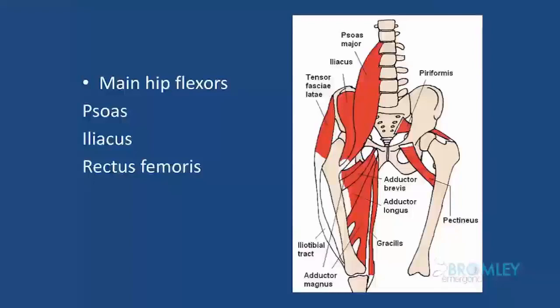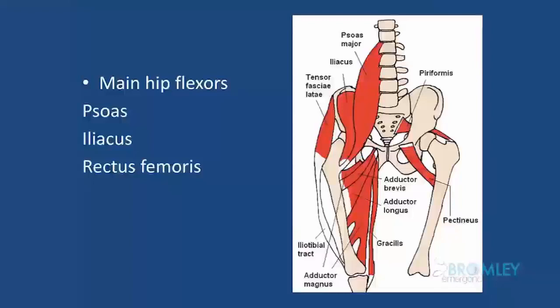And the final one is rectus femoris. Now that's one of the 4 parts of the quadriceps muscle. The other three parts all arise from the femur itself, from the anterior and lateral and medial borders of the sides of the femur. But the rectus femoris actually arises from above the hip joint in the pelvis.